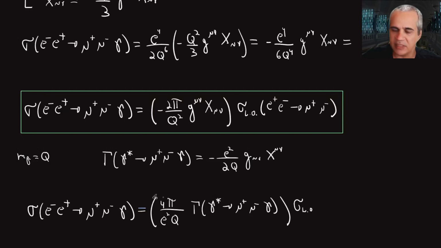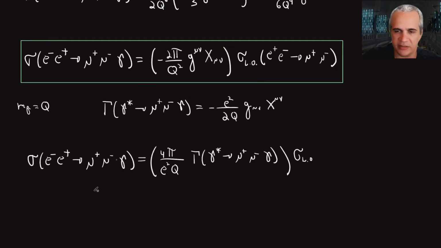In the end, what happened is that I factored the annihilation of electron-positron into these three states in two parts: the sigma of e+ e- going into this gamma star, times the decay rate of this gamma star into three bodies.